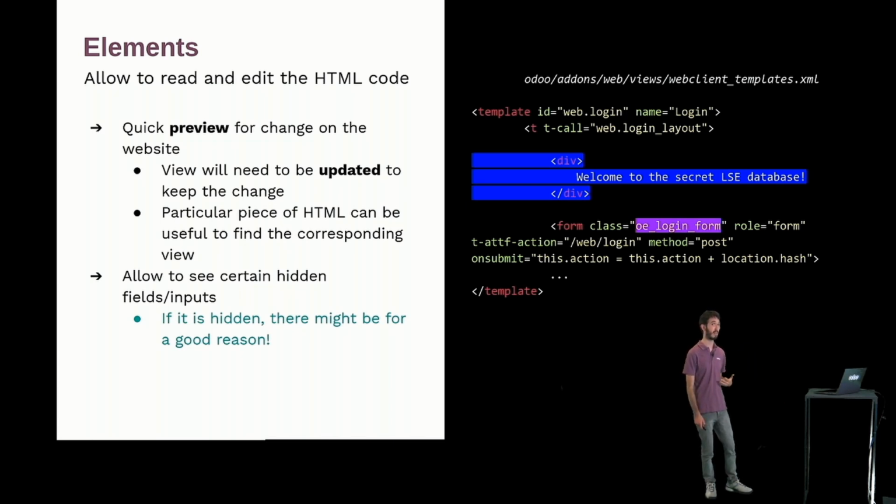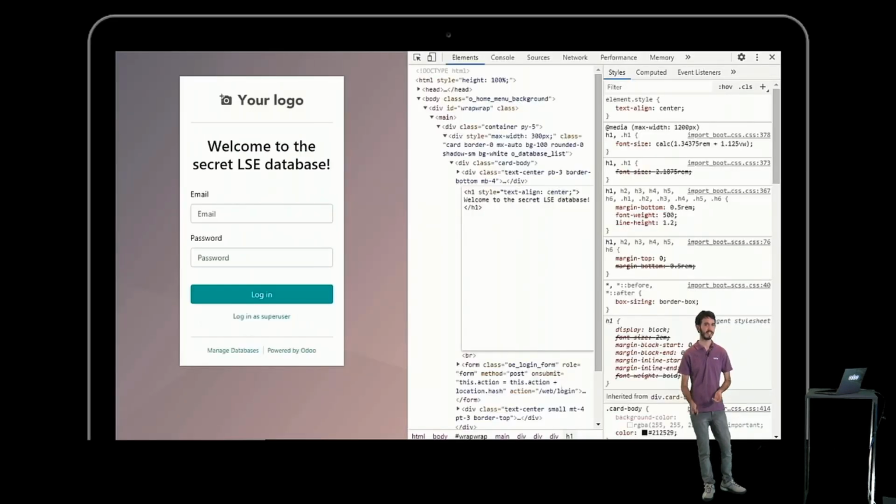Here we have seen with an example that it allows us to quickly browse into the HTML code, in order to have access to certain views that may be complicated to reach by other means, and it will give a little preview. Let's see with the next slide what it will look like.